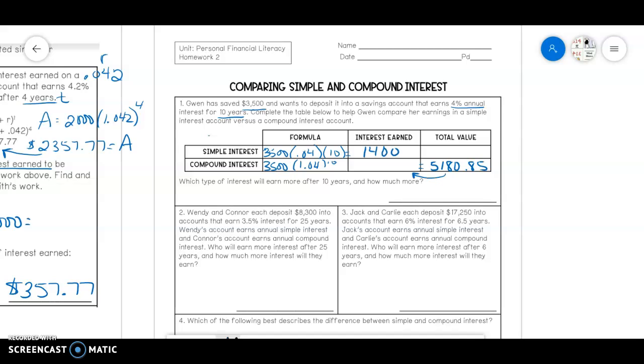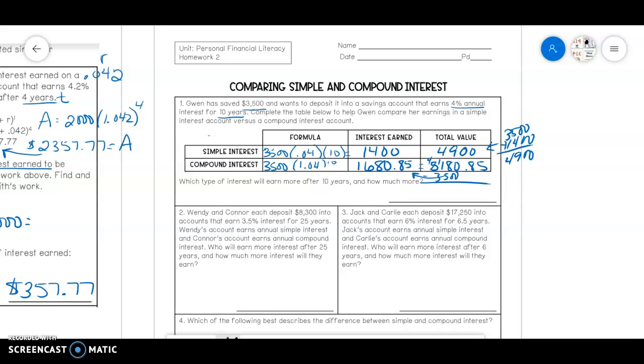To get our total value, I would say 3,500 plus 1,400. So now we have 4,900. But when I take out the 3,500 here, I get $1,680.85. So which type of interest would earn more?